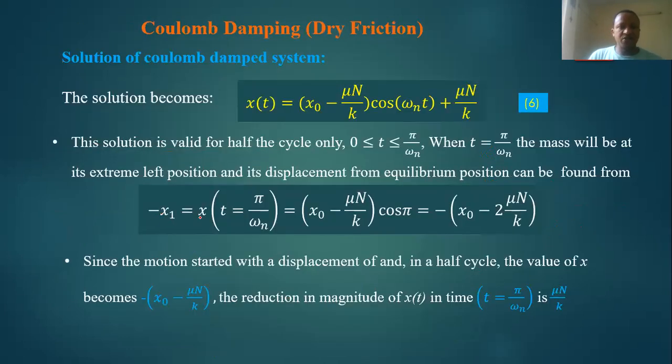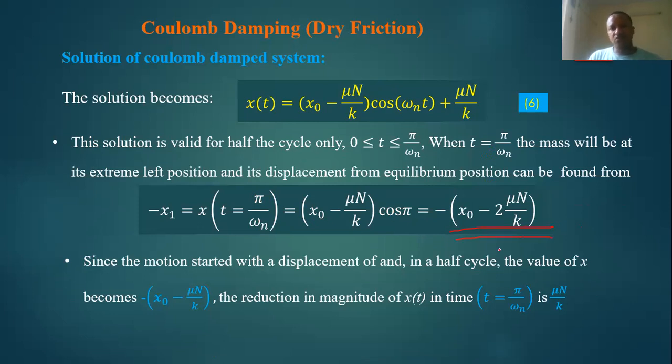Minus x1 is equal to x of t at t equal to pi over omega n. So when we substitute t equal to pi over omega n into the equation, x naught minus mu N over k times cos omega n t: omega n cancels with omega n, and we are left with cos pi.